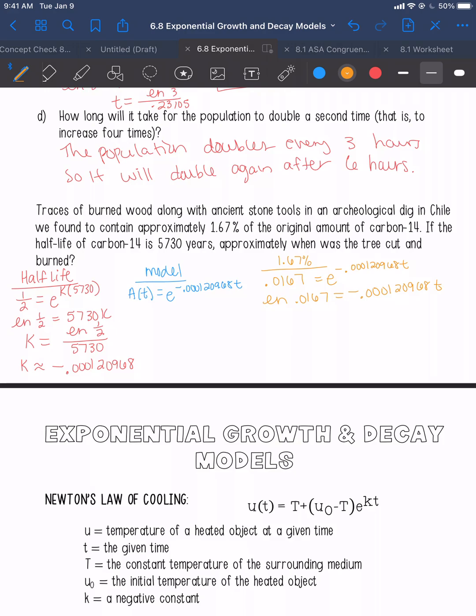Divide both sides by that k value, and you get t to about 33,830 years. So the tree was cut and burned about 33,830 years ago.